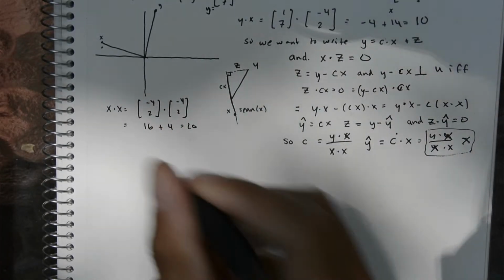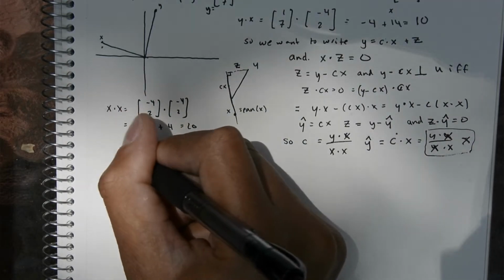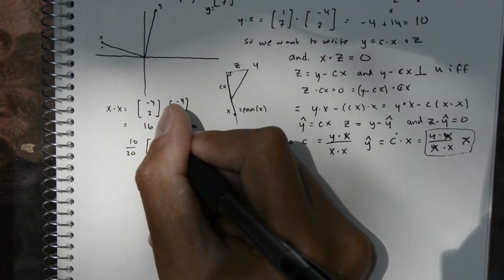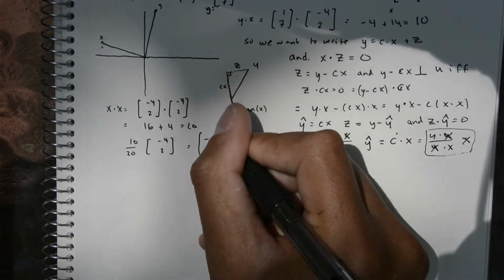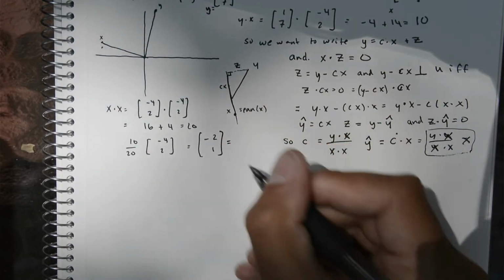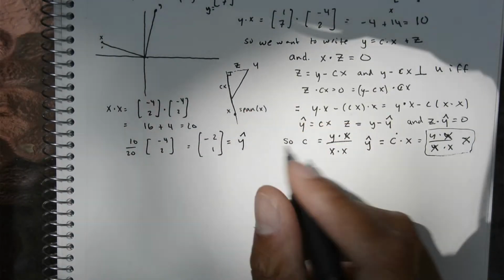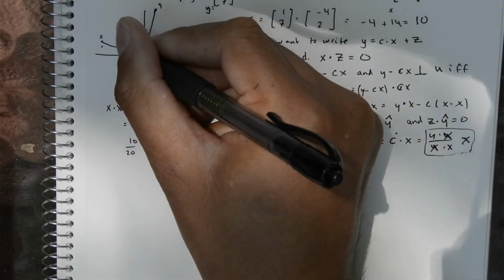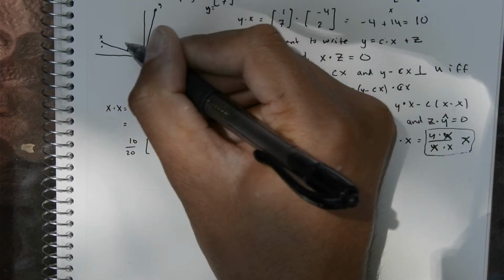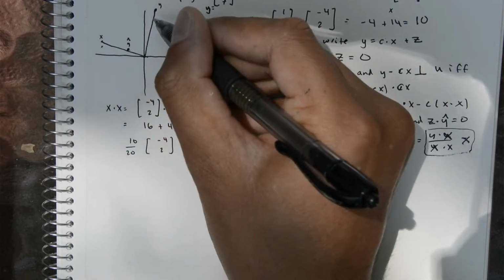So then we get 10 over 20 times (minus 4, 2), which is equal to (minus 2, 1). So this is equal to y hat. This is the projection. So this is going to be like minus 2, 1. This is going to be right here. This is y hat.